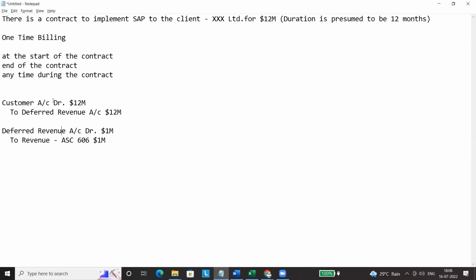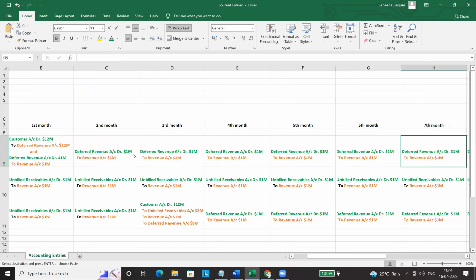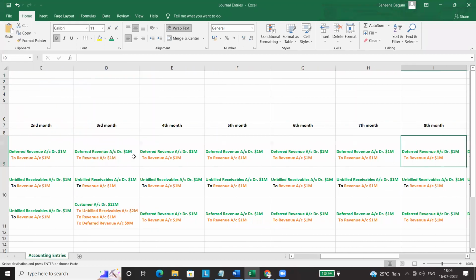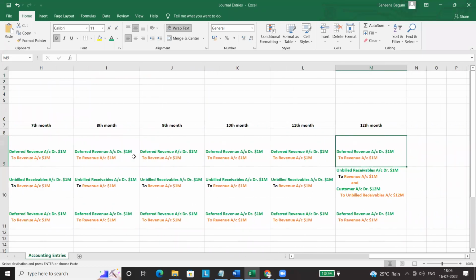Thus, this clearing account, which is the deferred revenue account in this case, will be zero. The entries are like this: at the start of the contract, customer account is debited, deferred revenue is credited, and then each month $1 million goes to our revenue account.